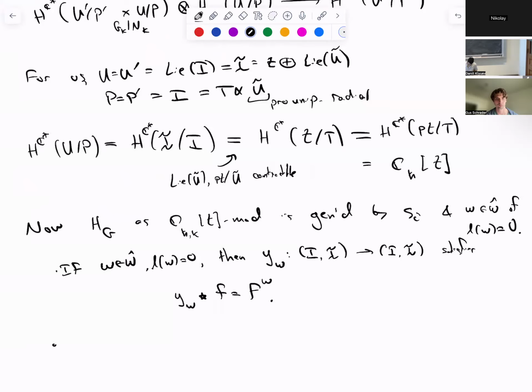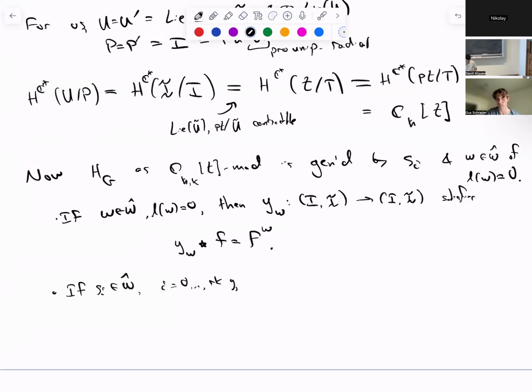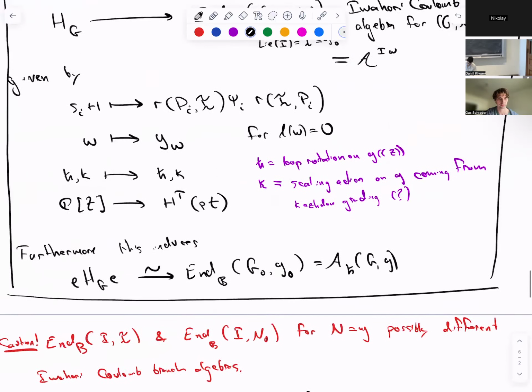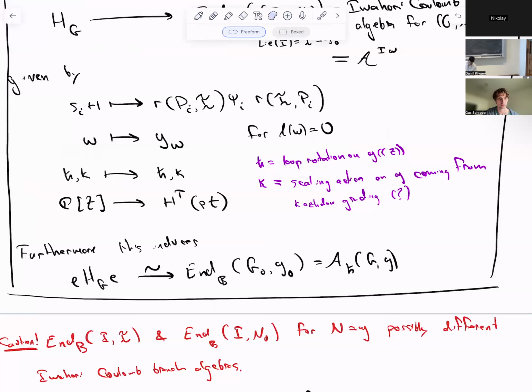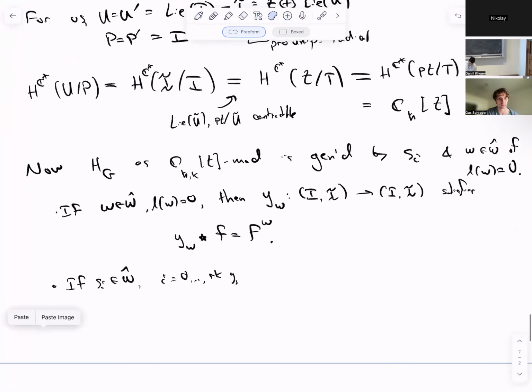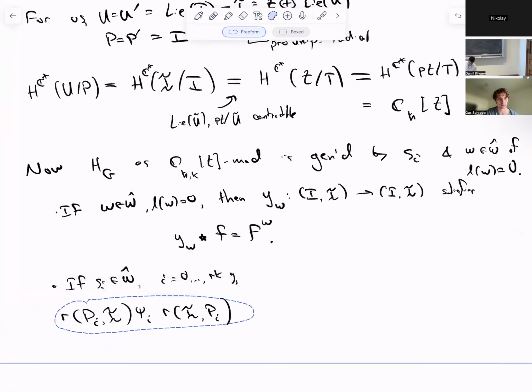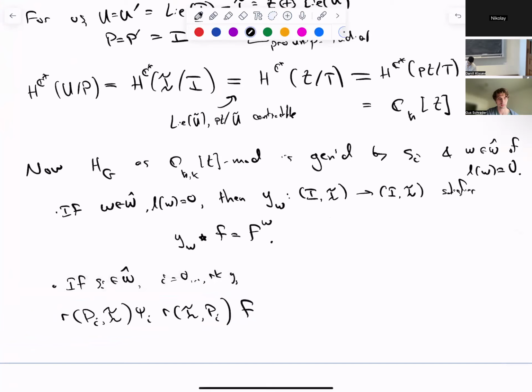And now for the non-zero length, the simple reflections, let's compute. So we have to compute what this does. I'm going to copy and paste. Okay, so applying this operator on F, first, we have to deal with this R. So the R acts by Euler class.